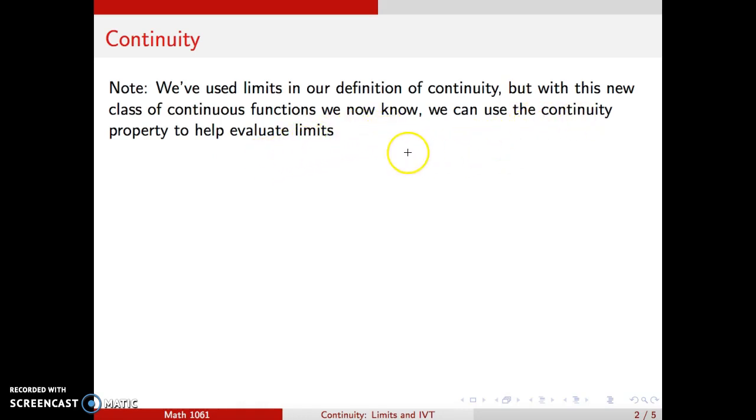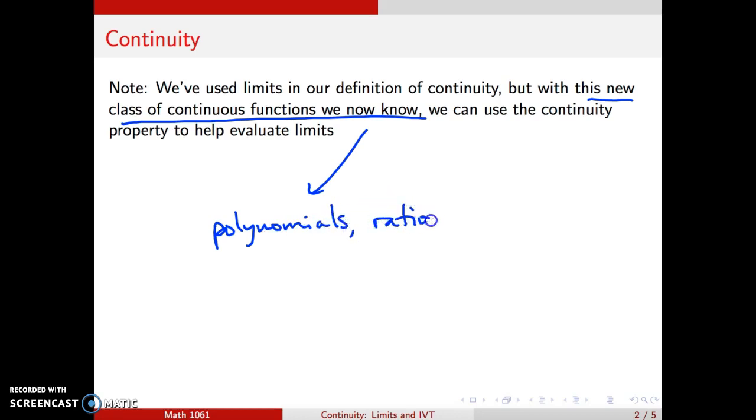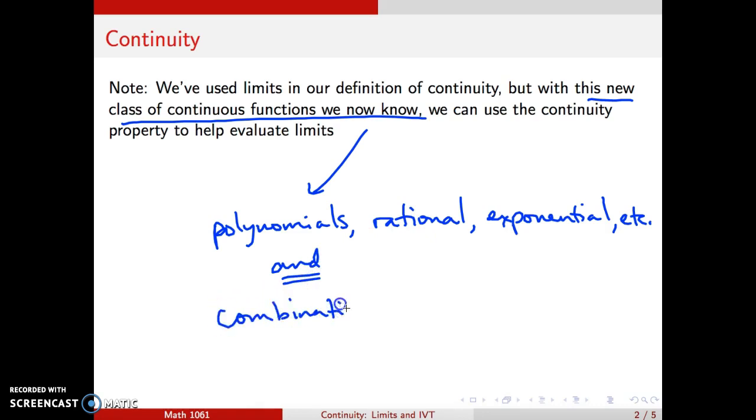But with this new class of continuous functions that we know: polynomials, rational functions, exponential, root functions, etc. And then the kicker, combinations of these functions. So let's say plus, minus, times, division, composition, etc.